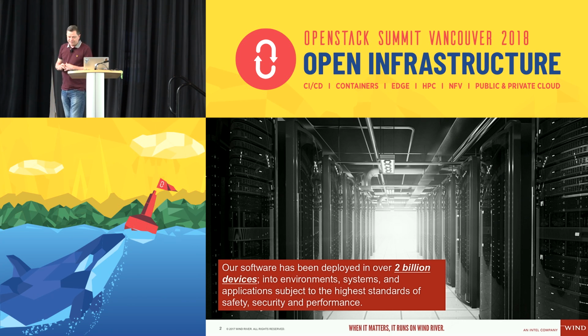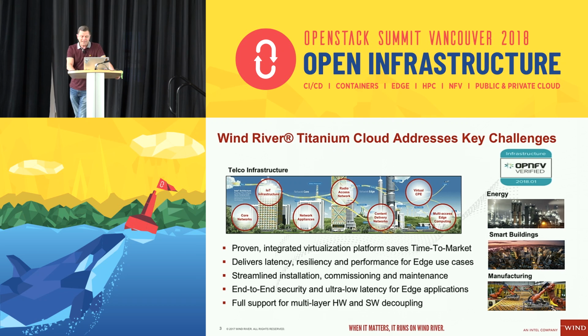Basically, if you've used a cell phone or had an MRI or been on a Boeing jetliner or driven a Land Rover on Mars, you've probably used our stuff. But Wind River's also got products in Internet of Things areas as well as cloud computing, and that's the area that I'm in.